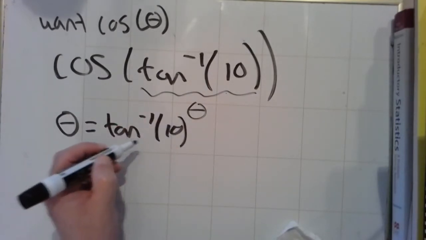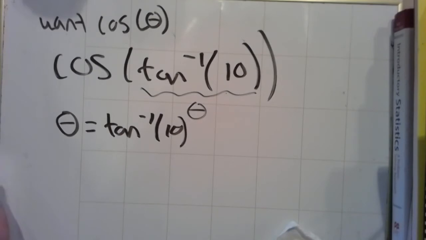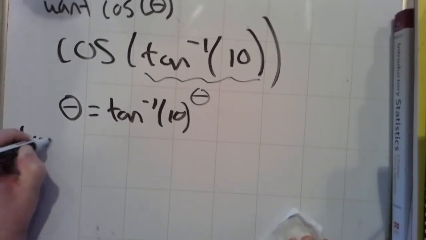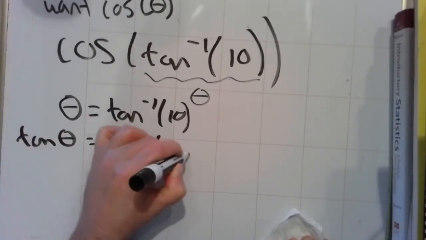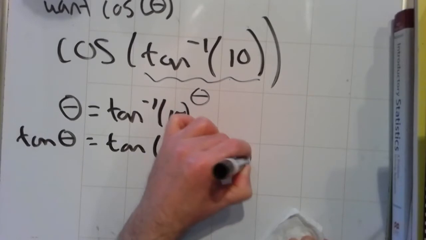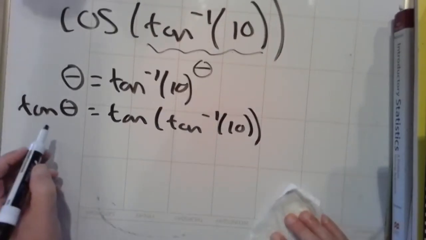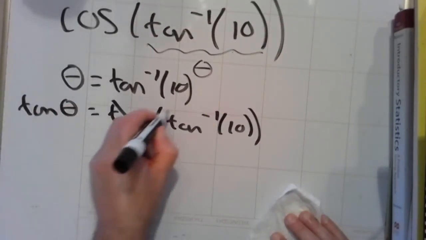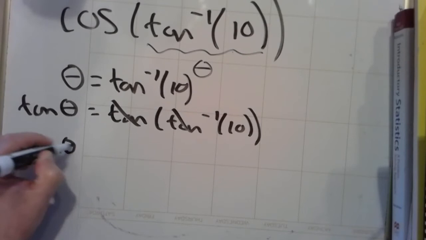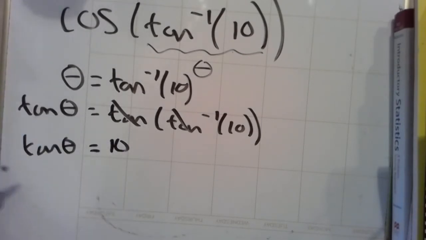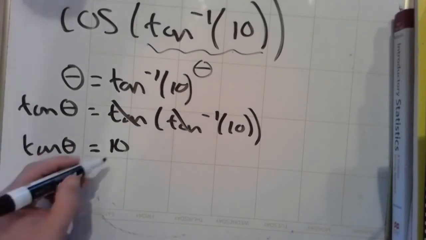So in a sense, move the tangent to the other side. You do that by taking the tangent of both sides. So I literally just took tangent of both sides. Over on this side, tangent and inverse tangent are inverses. They cancel out. So tangent of this angle I'm considering is 10.